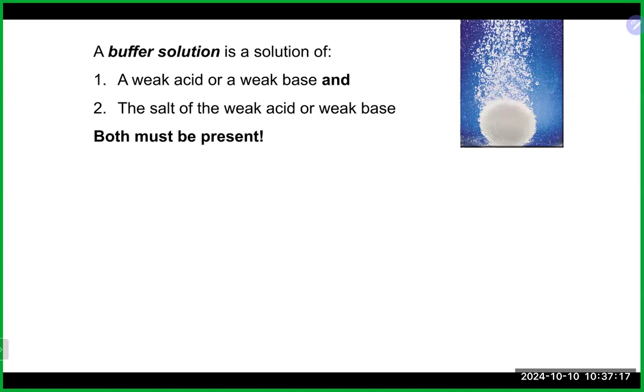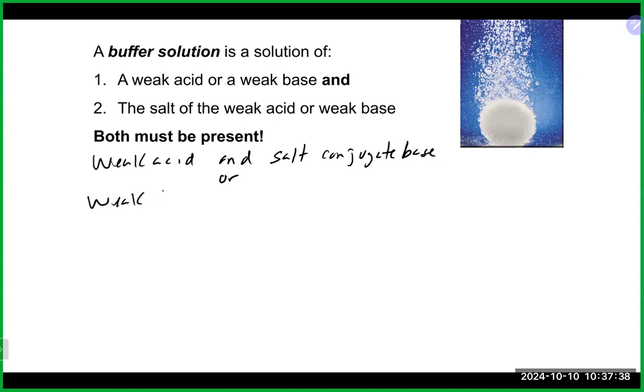A buffer is a solution that's made up of one of two combinations. It can either be a weak acid and its salt of its conjugate base, or you could have a buffer that is a weak base and the salt of its conjugate acid.